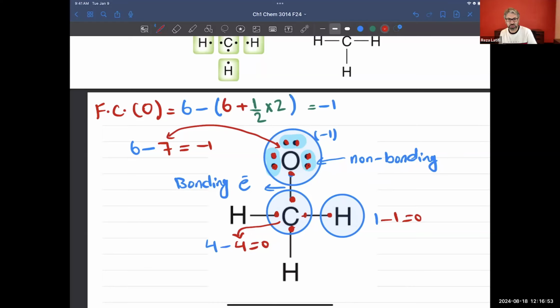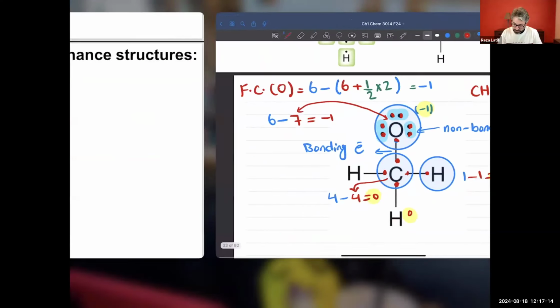And if you add all the formal charges, -1, 0, 0, 0, you get -1, which is the charge of CH3O-. Cool.